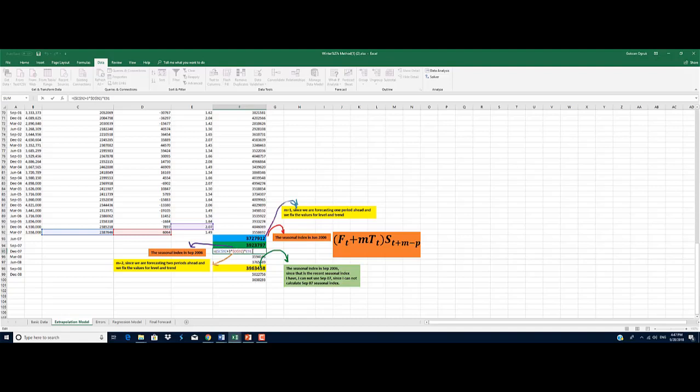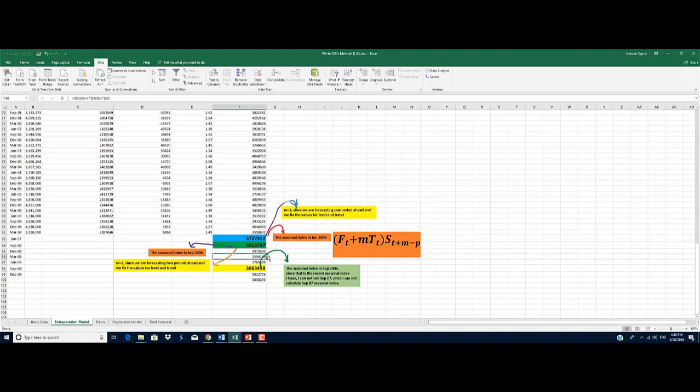Let's forecast December 2007. Here, as you have noticed, M is equal to 3, and I'm referring to the March 2007 level forecast and the March 2007 trend forecast. And now I'm using the seasonal index of the fourth quarter of 2006, or December 2006.